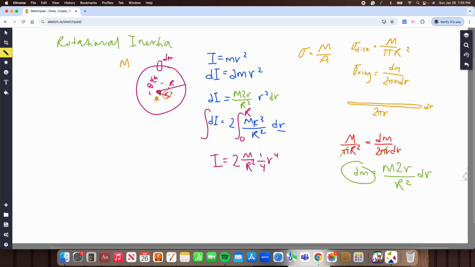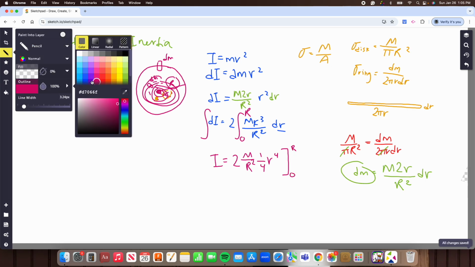Then as we go outward from that origin, our r is going to keep increasing until it hits this outer one, which is capital R. And we're going to stop there, and add all the inertias we find together at that point. So we're going from 0, which is our smallest ring radius, to capital R, which is our biggest ring radius. So we're going to evaluate this from 0 to capital R.